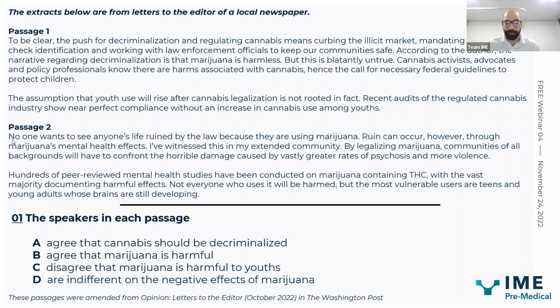it starts off the same: yes, we know cannabis is bad. We both know cannabis is bad. But passage 2 says that cannabis is bad, and it also has negative health implications on young kids, which means we have to criminalize the drug.